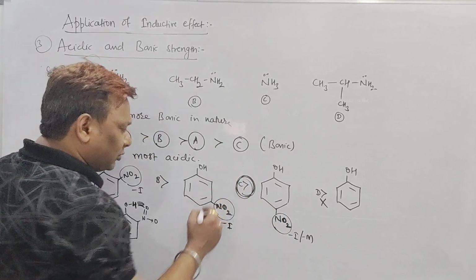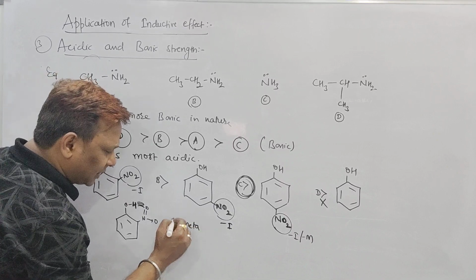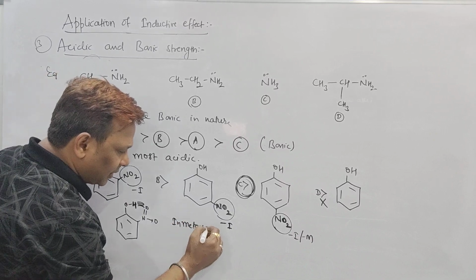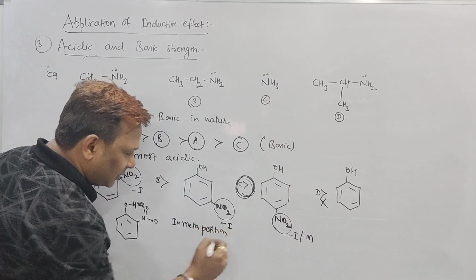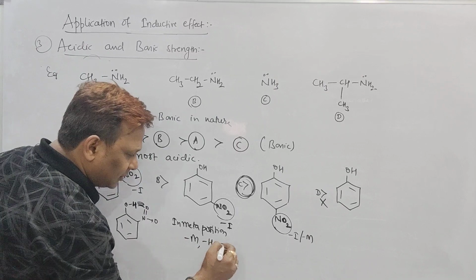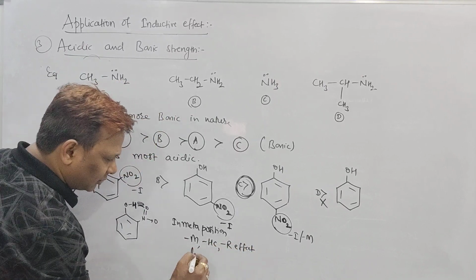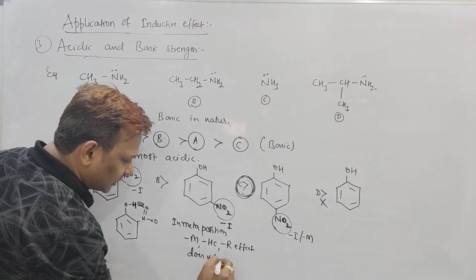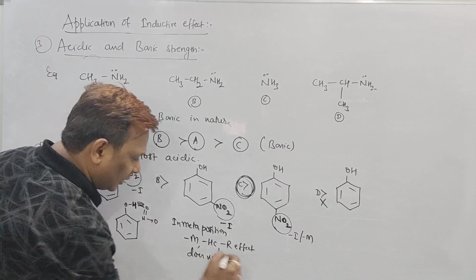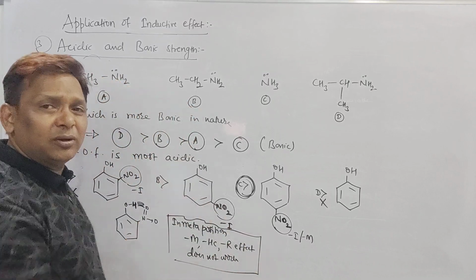So what is the note we are going to write, beta? In the meta position, minus M, hyperconjugation or minus R effect does not work. Only which effect can work out, beta, in the meta position? Only the inductive effect can work out.